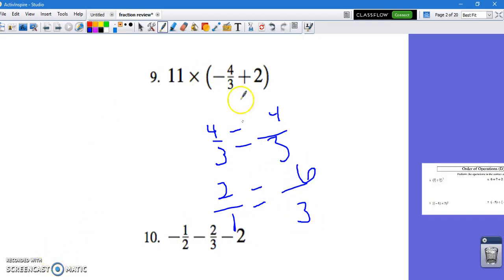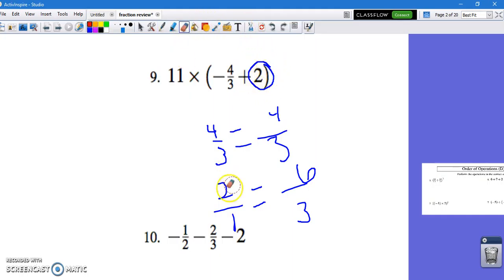See that? Now that it's common denominators, I bet you can tell me which number is bigger now. The 4 out of 3 or the 6 out of 3? The 6 out of 3 is bigger. And guess what? That 6 out of 3 is also the 2. So once again, I know my final answer is going to be positive. Because when you have a negative plus a positive, you must subtract. Keep the sign of the higher digit.